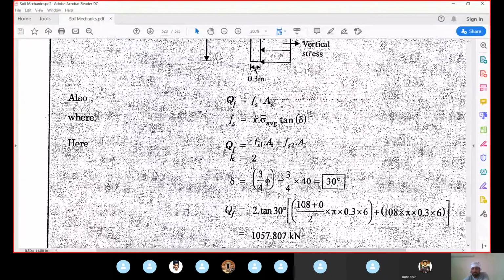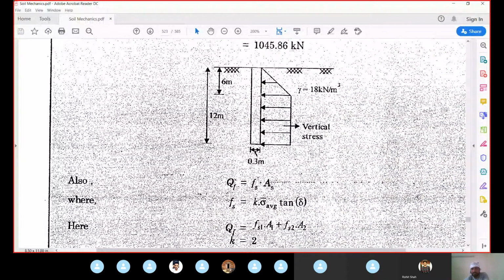Now the capital QF, the total skin friction, can be computed using the formula fs1 into A1 plus fs2 into A2, right? So fs1 will be K is 2, then tan delta, K into tan delta is tan 30, then sigma average will be what? This is 108 plus 0 by 2 multiplied by the surface area, right? Till this part you will get an average effective stress.